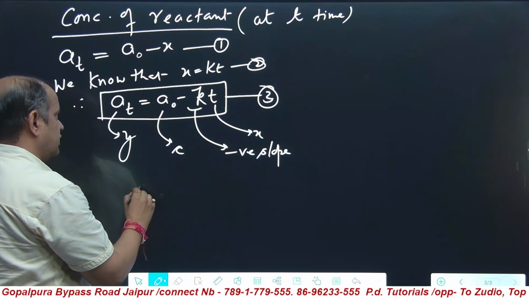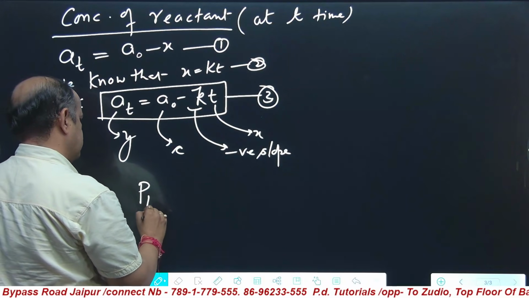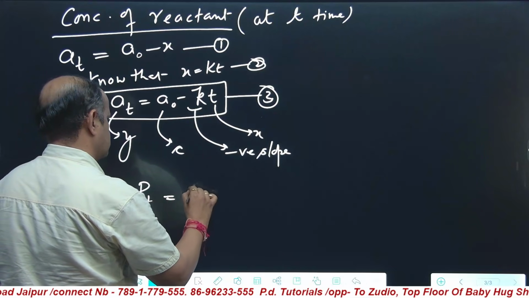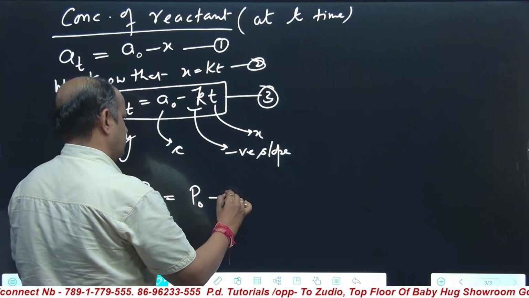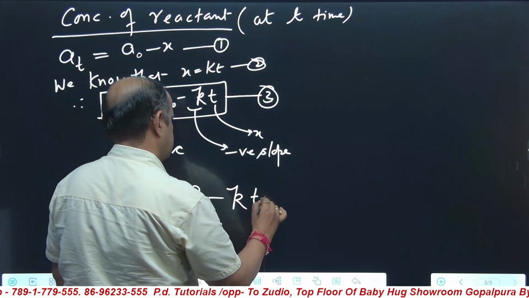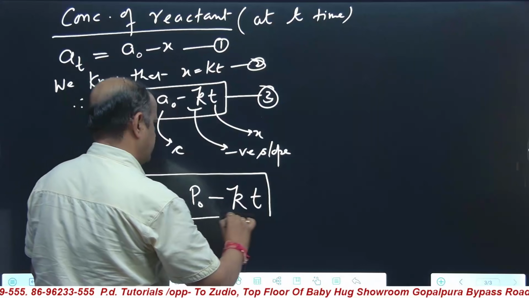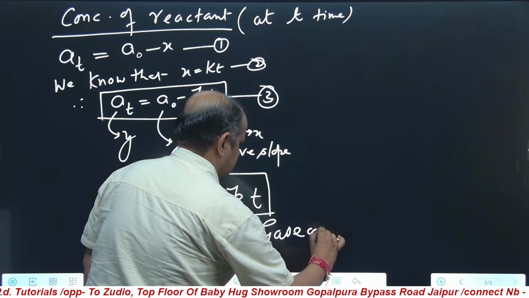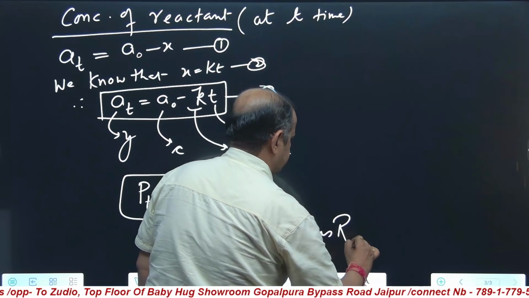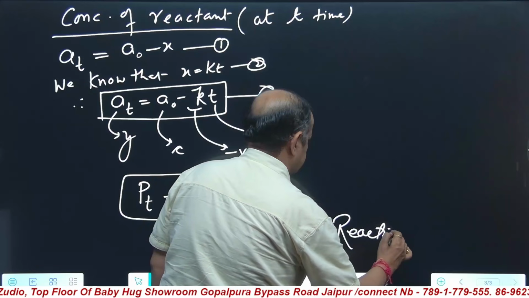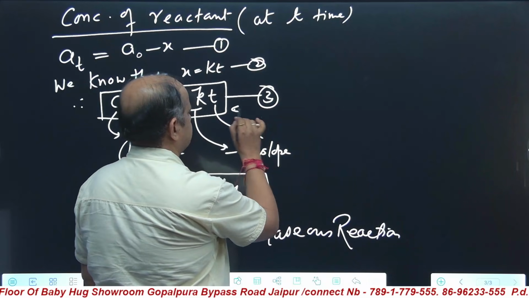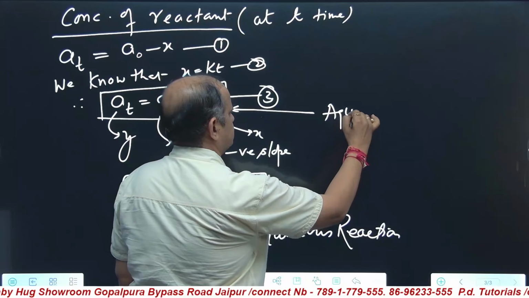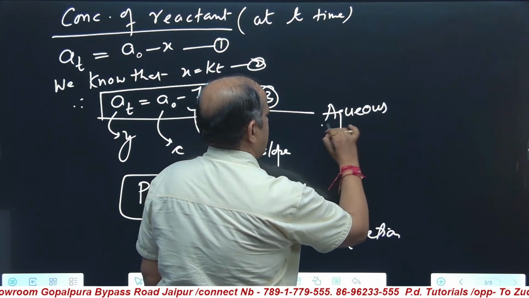If we take the gaseous medium, then our equation will be Pt equals P naught minus kt. Same frame here. This is for gaseous reaction, and this is for aqueous reaction.